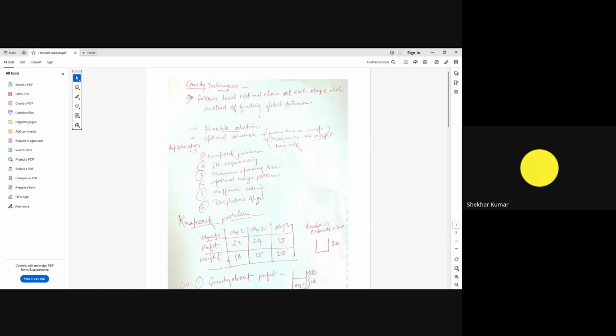So the idea behind the greedy approach is to select the currently best solution among all the given set of solutions based on some criteria. This is the greedy approach.